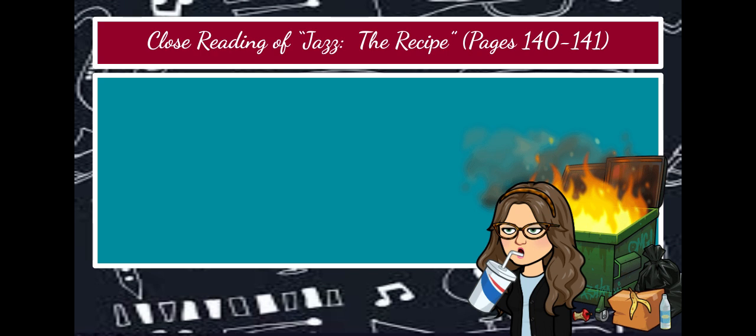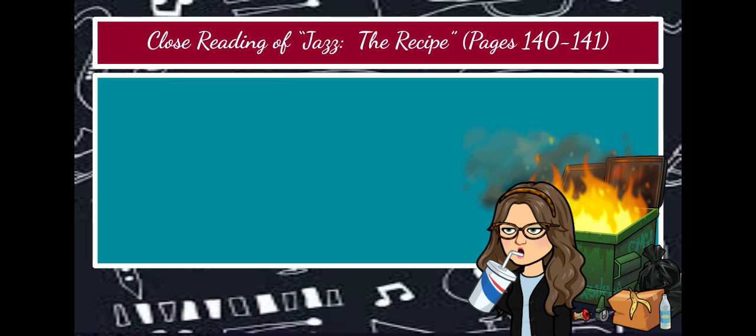Let's do what proficient readers do and reread Jazz the Recipe. I'm going to hand out some highlighters as well as put out the cup of many things. You're going to use these items to complete this activity. Turn to page 140 in your student books. Features of nonfiction text.